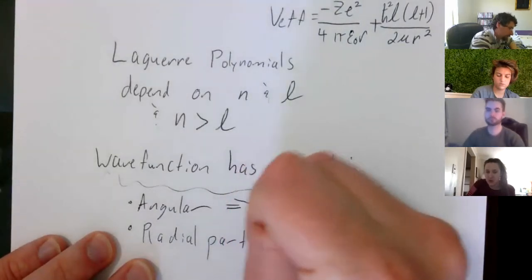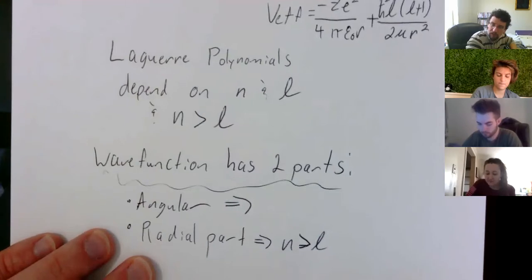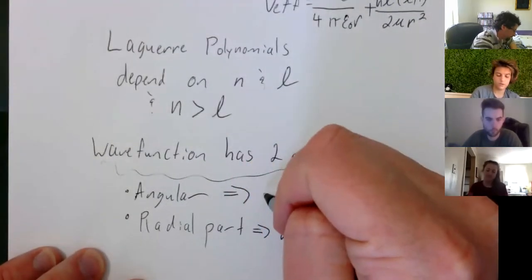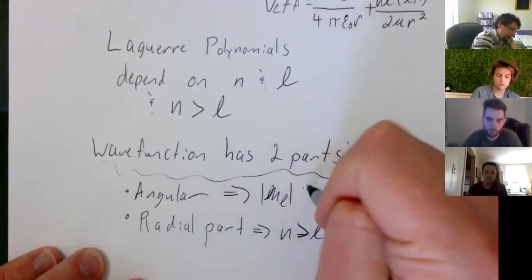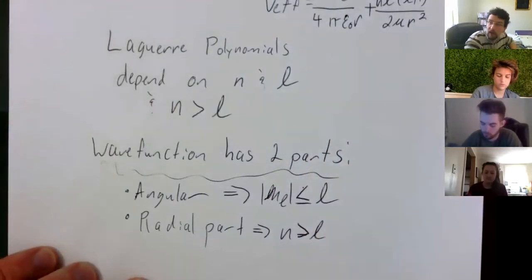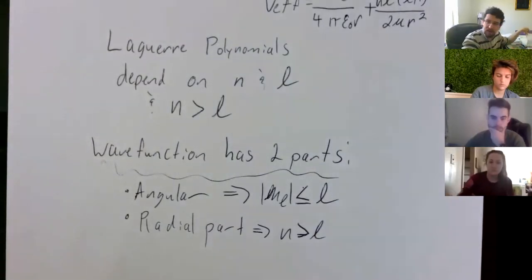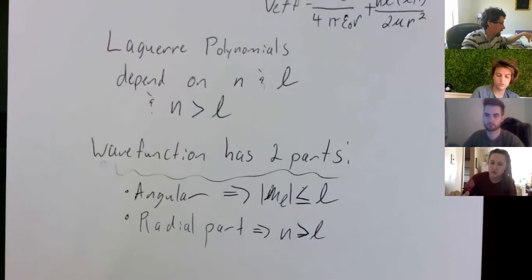For the angular part, what quantum numbers matter? l and m_l, the absolute value of m_l, and it has to be less than or equal to l. Did I send you guys a picture of those wave functions? No? Okay.